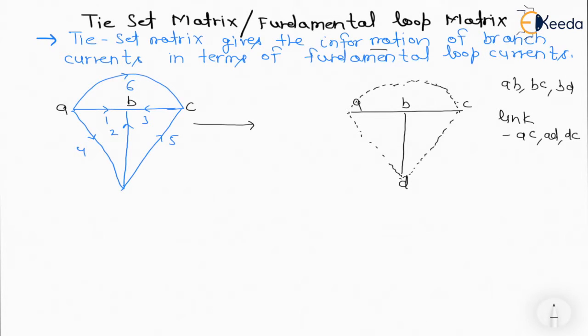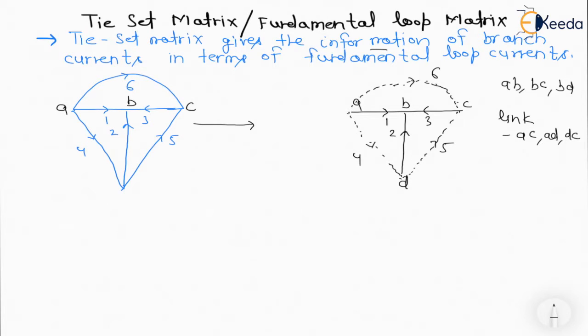It means we can write 3 fundamental loop currents. I am writing the branch directions 1, 3, 2, 4, 5, 6. And again I am going to draw the fundamental loop currents in this tree.